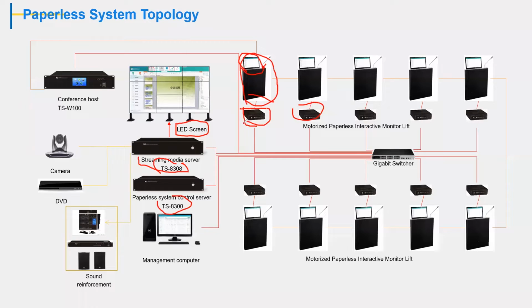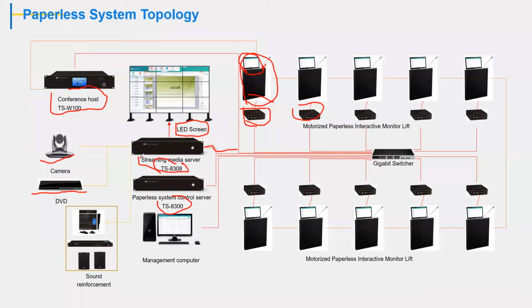As you can see, all these parts will be connected by the local area network, with only one single network cable. And for the meeting audio, we have this conference host, TSW100, to control turning all the microphones on and off. And with the media server, you can integrate with the camera, DVD, and some other third-party video or audio devices.